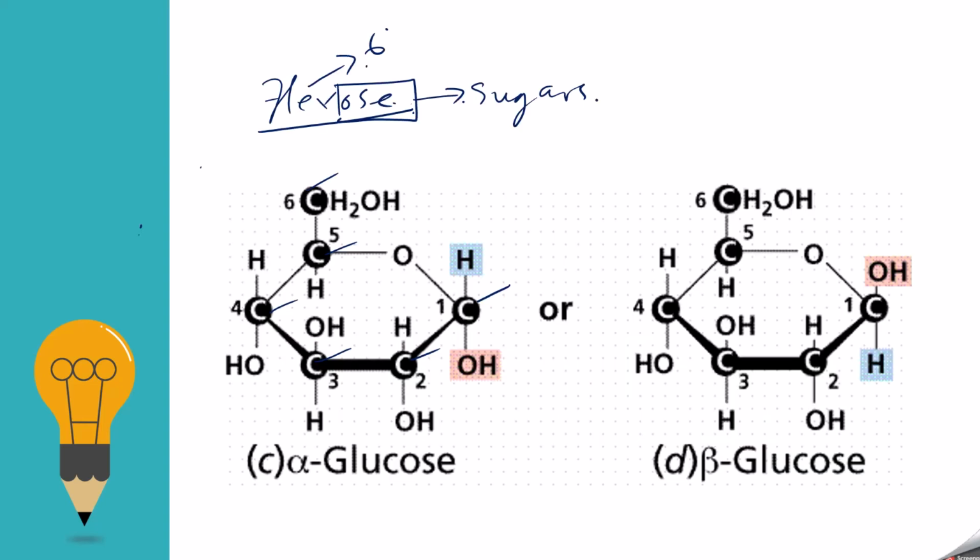Reverting back to this diagram right here, we've got carbons which are labeled 1, 2, 3, 4, 5, 6. It's labeled from far right to left. Same here, far right to left.